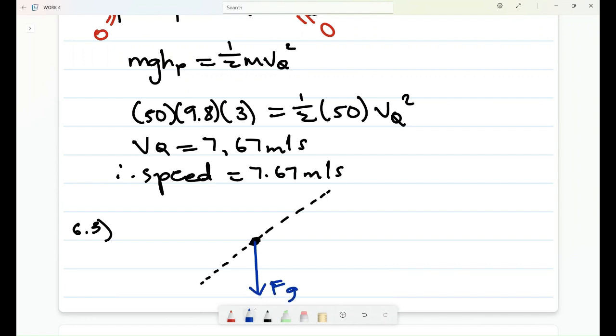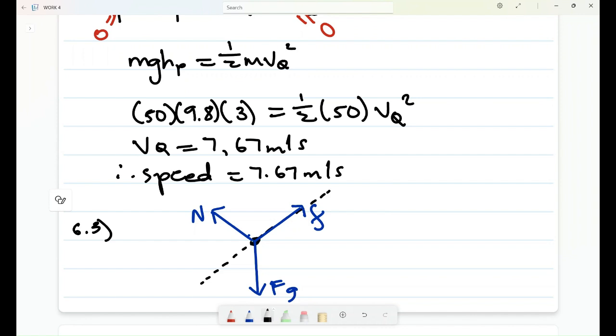Then I have the normal force acting perpendicular to my surface. It should make a 90-degree angle with my surface there. This is my normal force. And I know there is friction. My friction acts in an opposite direction because my motion moves downwards.